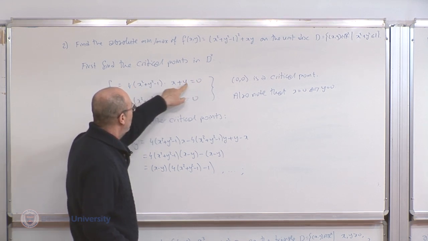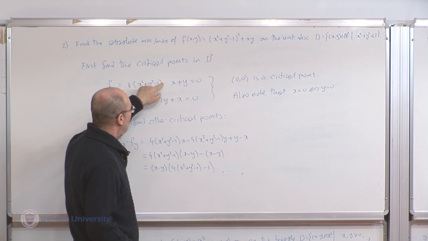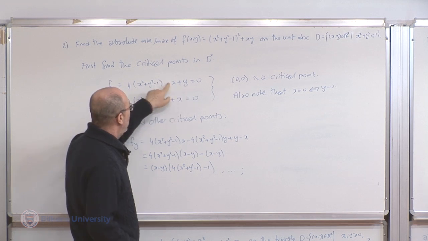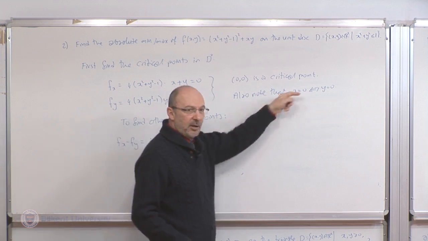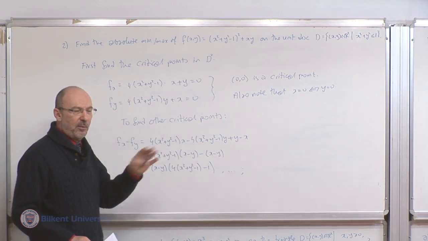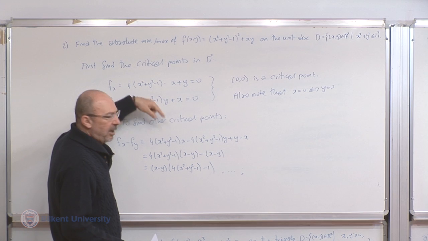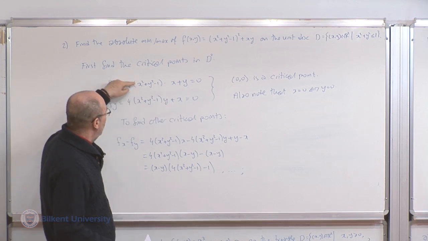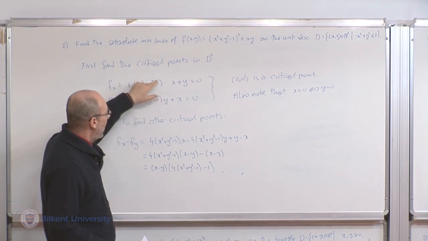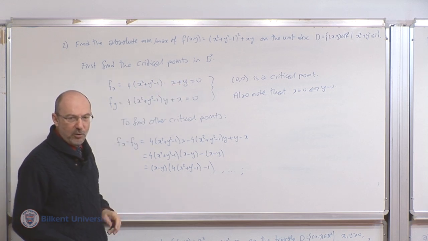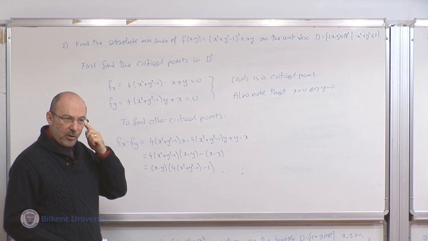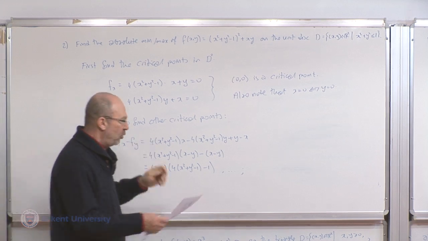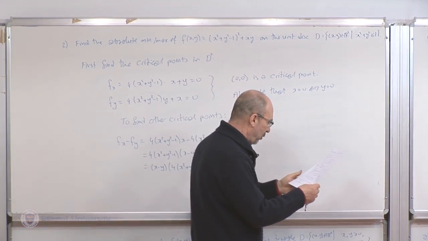I multiplied this by y, so here I have y squared, here I have xy. Then I multiply the other by x because I know that x and y are different from 0, so I can multiply and divide. Then I subtract. After I subtract, you see that these parts cancel. Then you have x squared equals y squared. So either x equals y or x equals minus y. One of them gives you a critical point, the other doesn't.